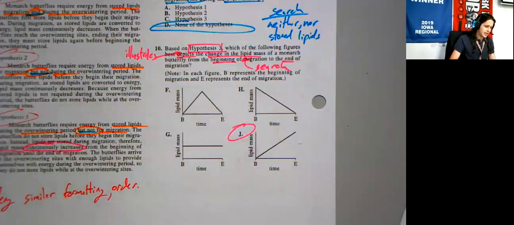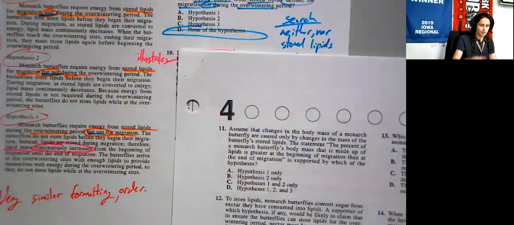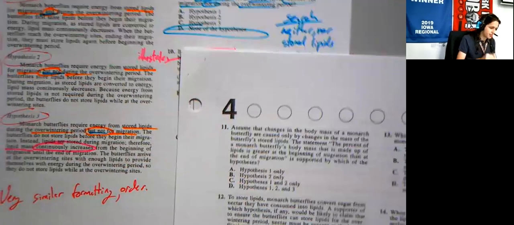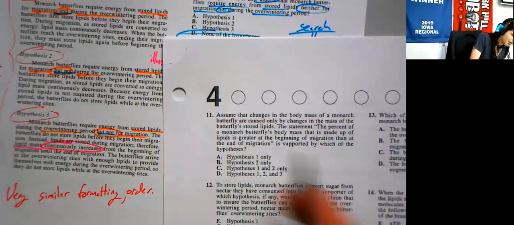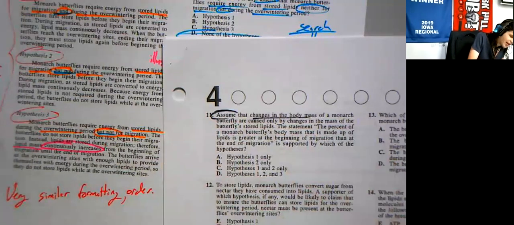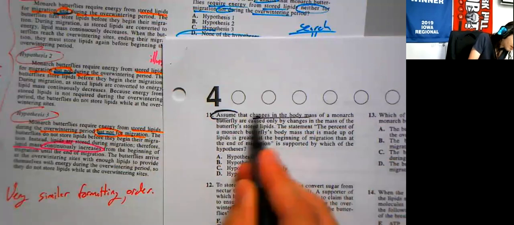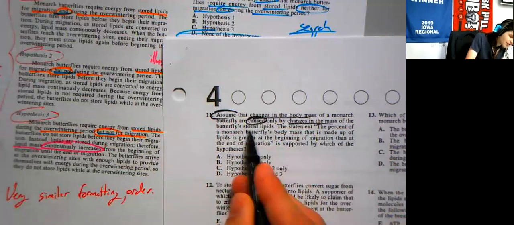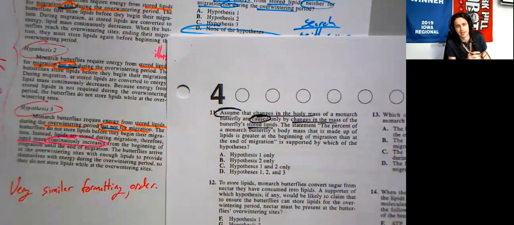Green. Number 11. Assume, it's going to be harder. Assume that changes in the body mass of a monarch butterfly are caused by changes in the mass of the stored lipids. Okay, so what's that saying? You know, the butterflies aren't putting on muscle.